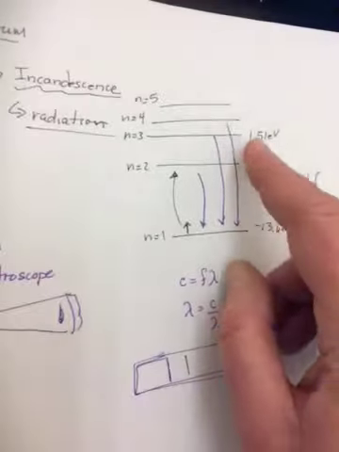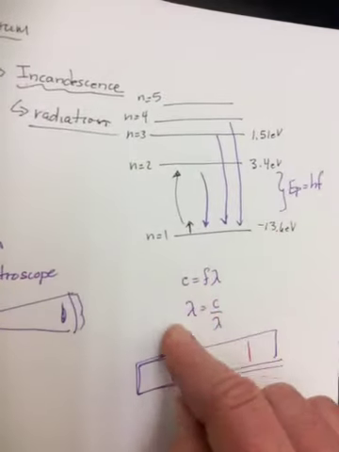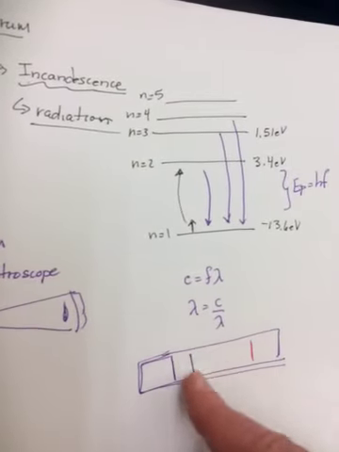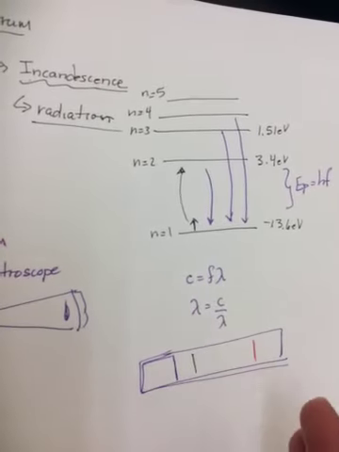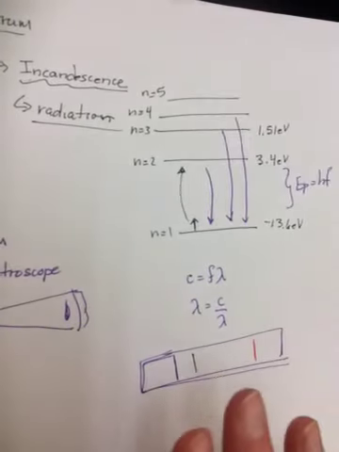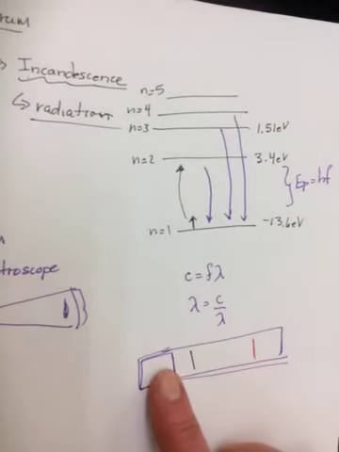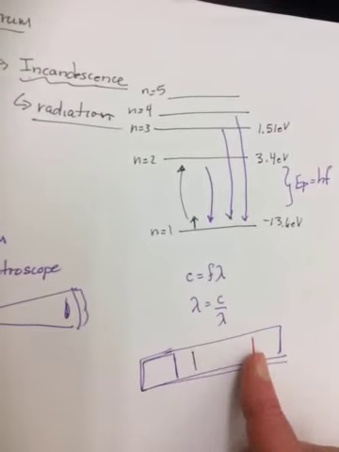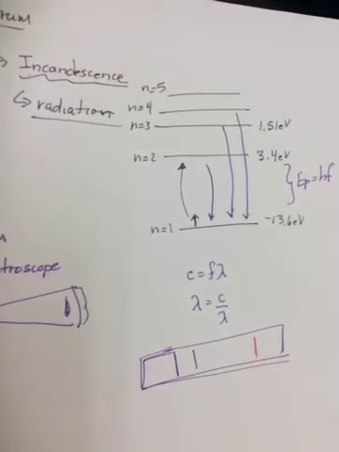So the lines we're seeing then are from the electrons falling down. And so all those questions that you did to figure out the wavelengths, you could then go and say, okay, which one of these wavelengths would be in the visible range? And you could find them. So hydrogen actually has 4 lines in the visible range: a violet, a blue, a green, and a red. The green is extremely hard to see.